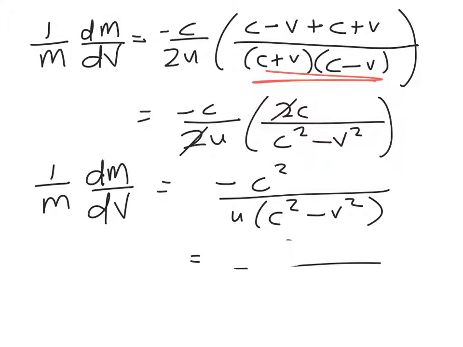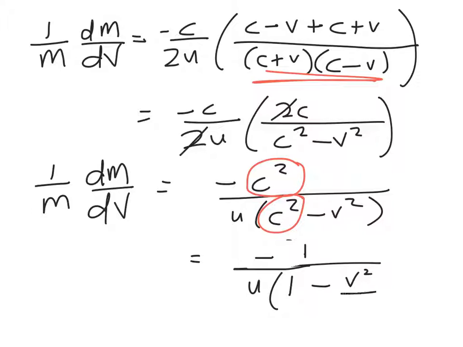I'm going to divide numerator and denominator by c squared. So we're going to have equals negative 1 over u. Let's look at what happens here. c squared over c squared is 1, minus v squared over c squared. You can see we're very close to what we need, so just one last line to go.